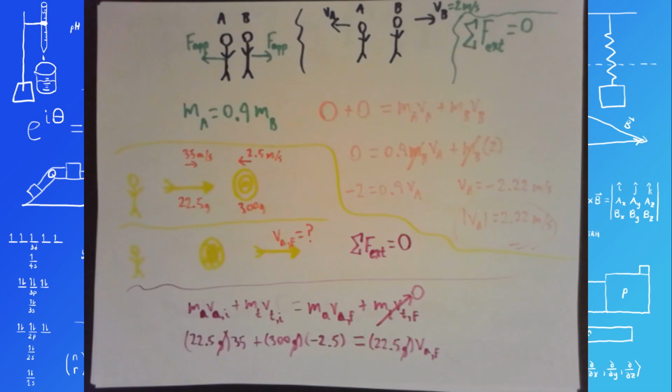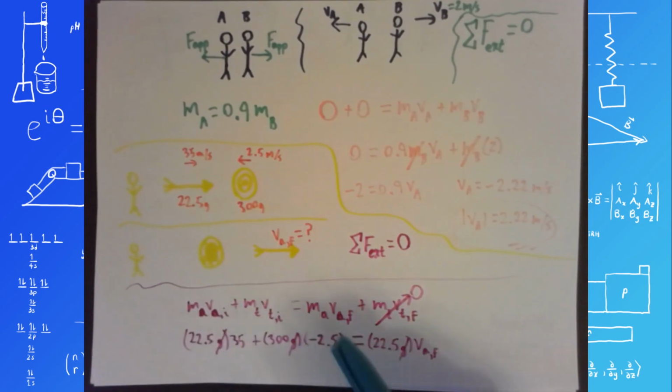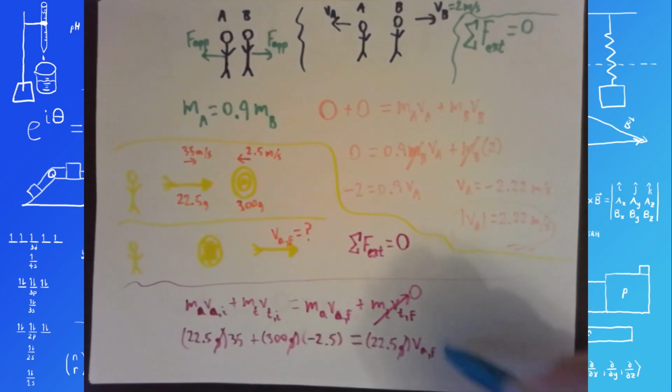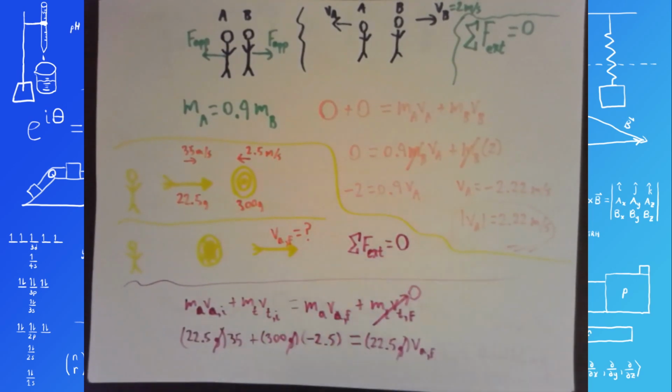The units don't matter as long as they're consistent with each other. If one of them was in grams and the other was in kilograms, then you would have problems. But if they're all in the same units, then that's fine. The units will cancel out, and since these are both in meters per second, this V A final should still come out in meters per second.